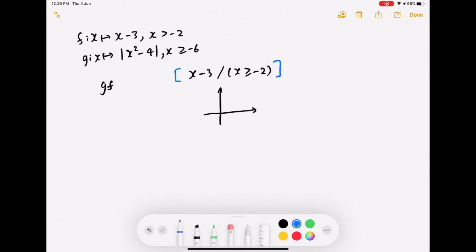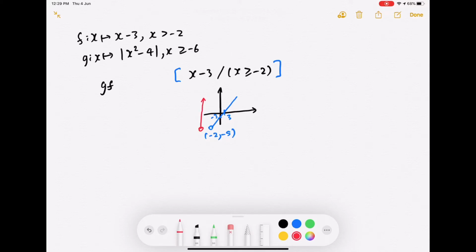You have a straight line from here all the way up. So this will be 3 and this will be minus 3. And at this point will be negative 2, negative 5. You can see very clearly that we have our range from here all the way to the top.